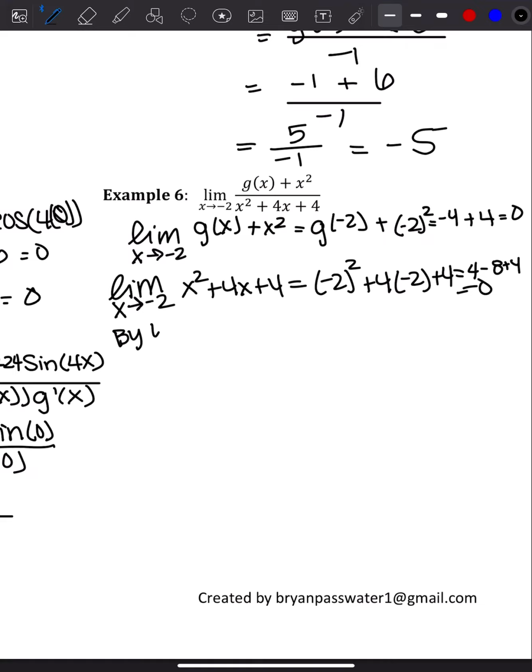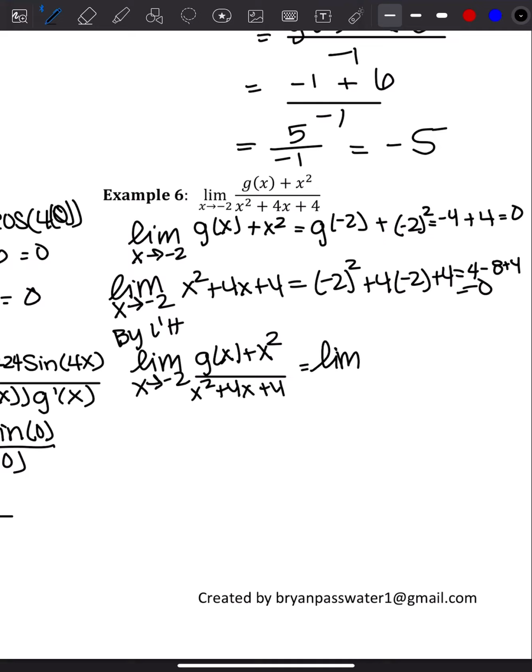So by L'Hopital's rule, we have the limit as x approaches negative 2 of g of x plus x squared divided by x squared plus 4x plus 4 equals the limit as x approaches negative 2 of g prime of x plus 2x divided by 2x plus 4.